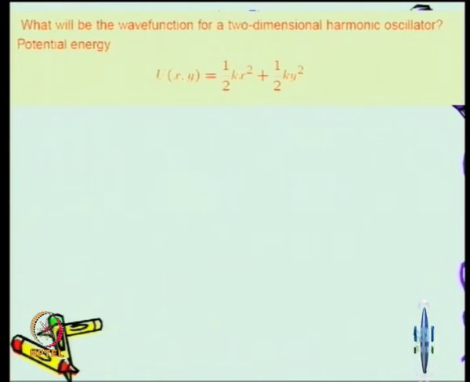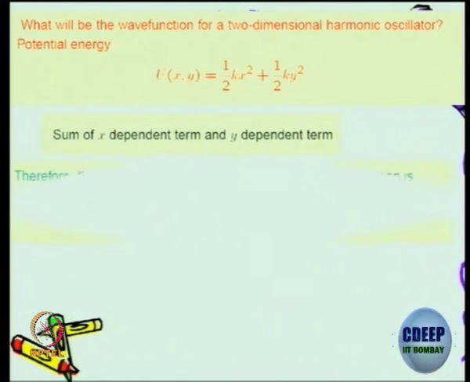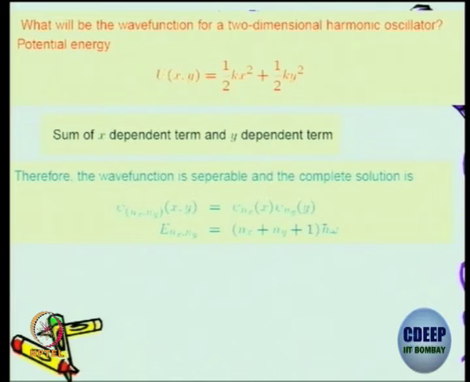So, same procedure. If you want to go beyond one dimension to the two-dimensional harmonic oscillator, are they separable or not separable? They are separable, right? Then you can write your solution with two quantum numbers nx and ny, and you could write the total energy also as nx plus half h cross omega plus ny plus half h cross omega.